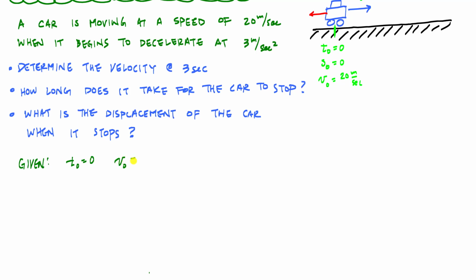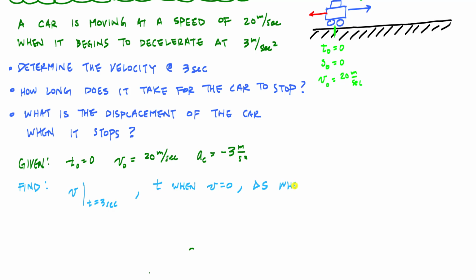Our initial velocity is 20 meters per second, and we have a constant acceleration of 3 meters per second squared, and it would be negative because it's opposing the direction of motion. And what we want to find is the velocity at 3 seconds. We want to know the time when this velocity equals 0, and then we would like to know the change in position, or this final displacement of the car, when the velocity is 0.